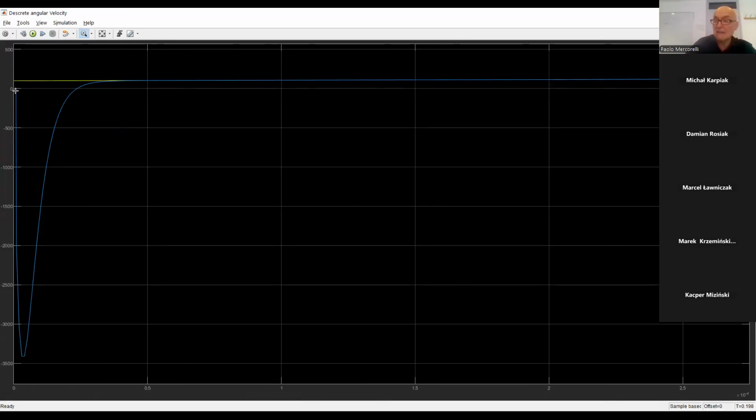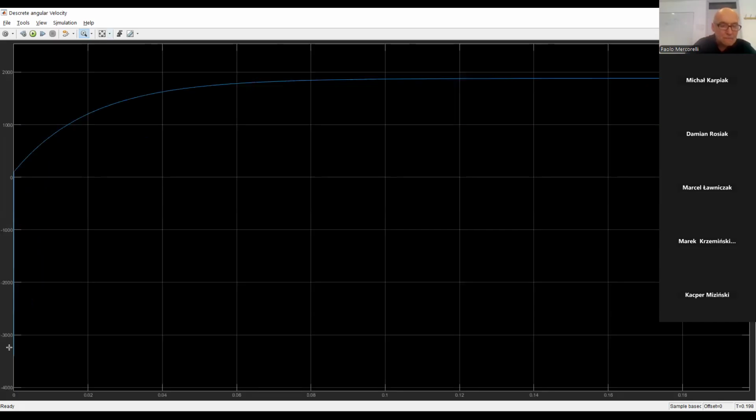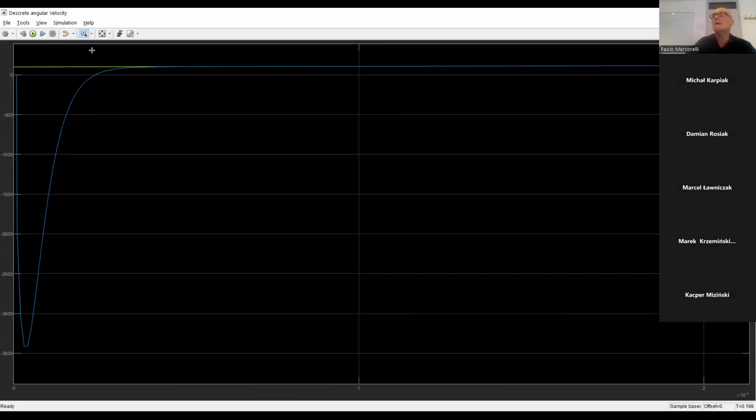At the beginning, the observer does not understand that it should orient the estimation in another direction. It needs time, but we can see nevertheless that after a very short time it understands that the right direction is another one.